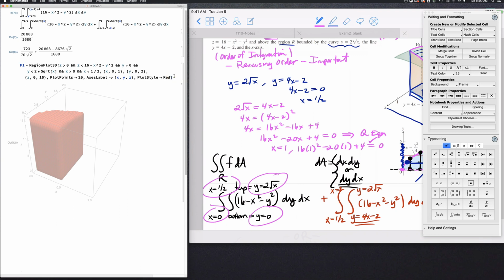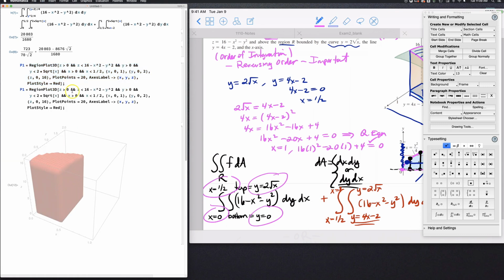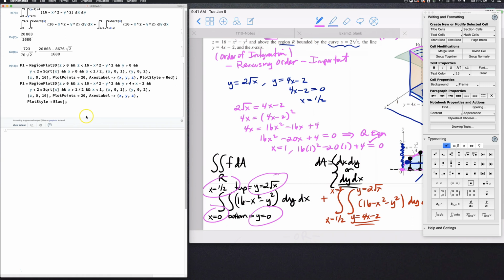But there is another part of the region, and we can call this plot 2. It's the part where y is bigger than the line 4 times x minus 2. And that was when x was bigger than 1/2, but x was less than 1, and everything else the same. Let's call this blue. So now we have two different regions and we can show them together.